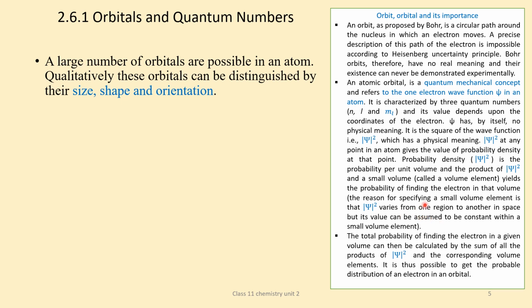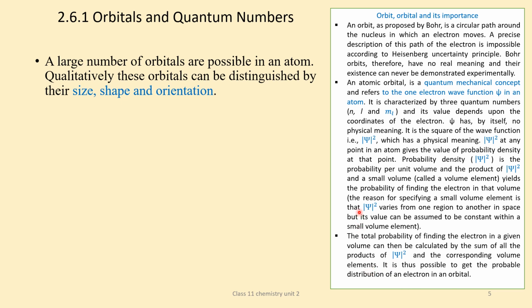The reason for choosing a small volume element is that psi square varies from one region of space to another, but its value can be assumed to be constant within this small volume element. The total probability of finding the electron in a given volume can then be calculated by the sum of all the products of psi square and the corresponding volume elements. It is thus possible to get the probable distribution of an electron in an orbital.